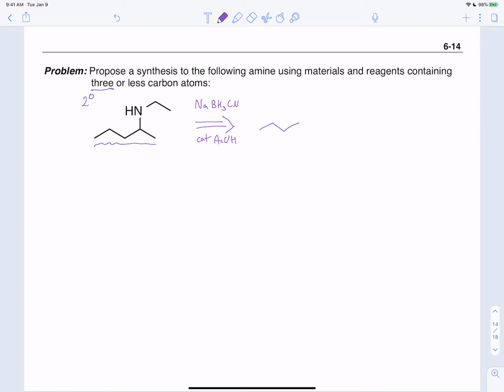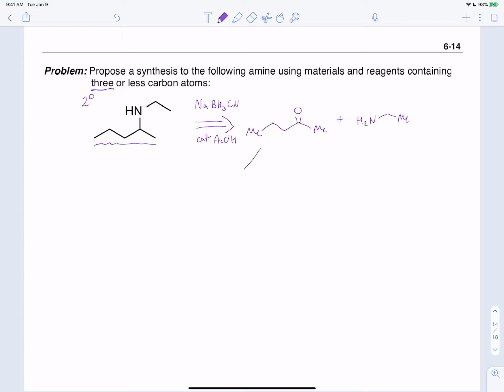And that would lead us to a pentanone molecule, so a ketone with 5 carbons, plus our primary amine. Add my methyls on. Since this has 3 carbons or less, we are good to go here. We just need to finish the synthesis of this molecule.